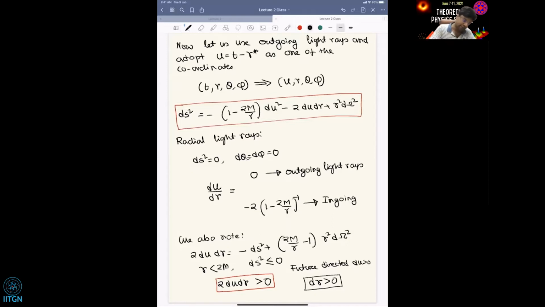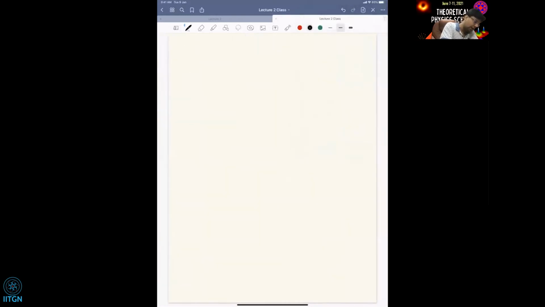So it seems to suggest that at the r equal to 2m surface, everything comes out. Everything can only come out. Nothing can enter.